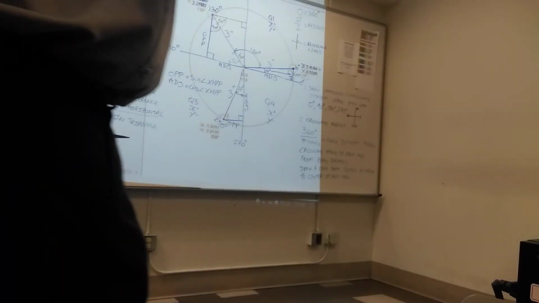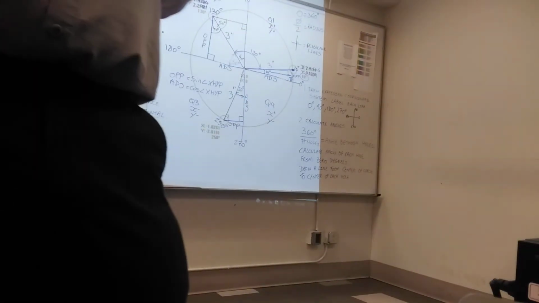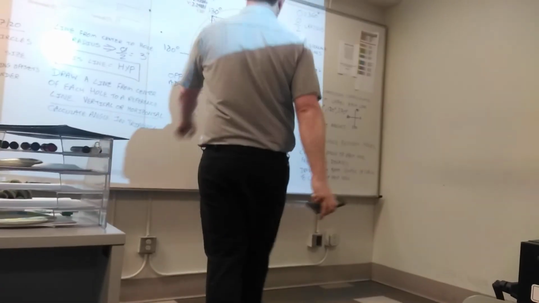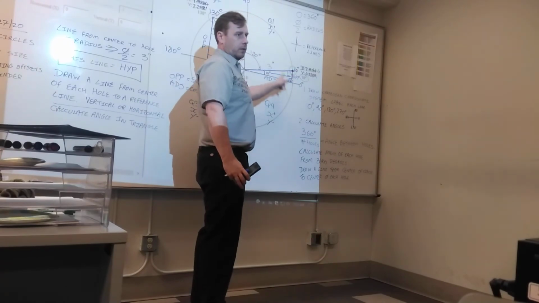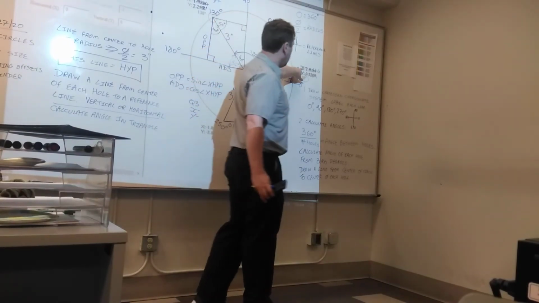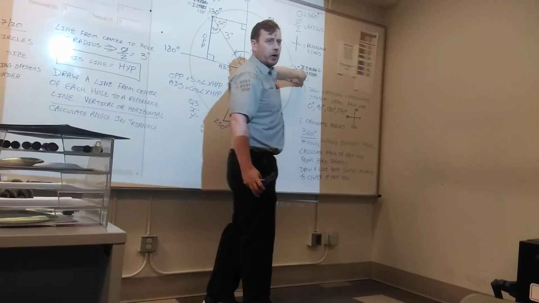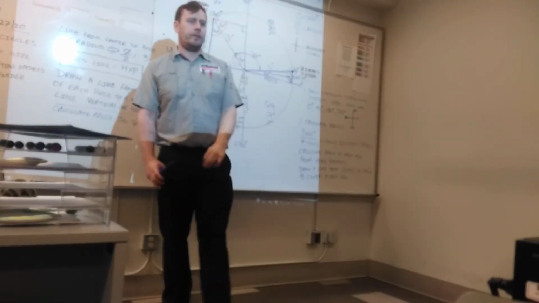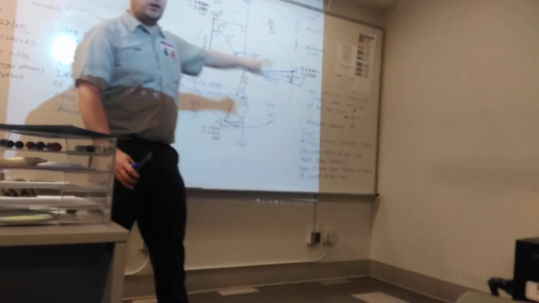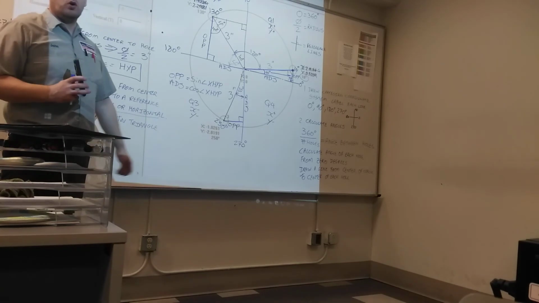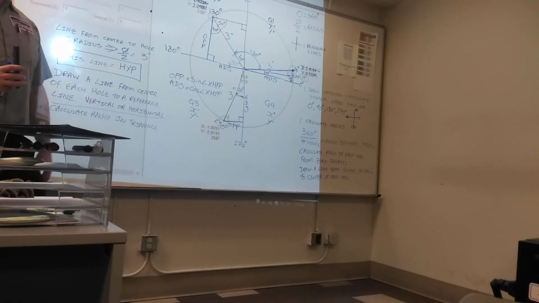On your homework, each hole is worth 3 points. You're going to get a point for drawing the correct triangle. You're going to get a point for the correct X and a point for the correct Y. So even though there's only 3 holes here, the whole problem is going to give you 9 points total.